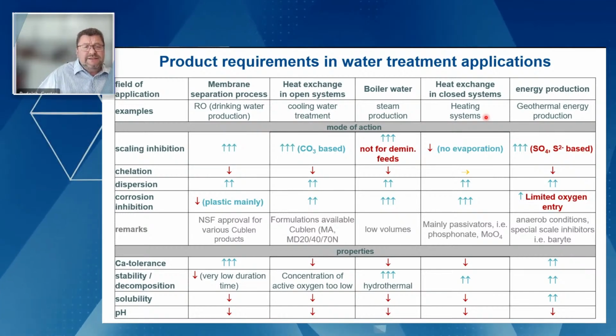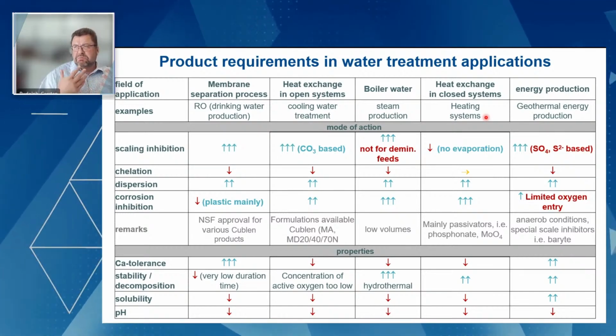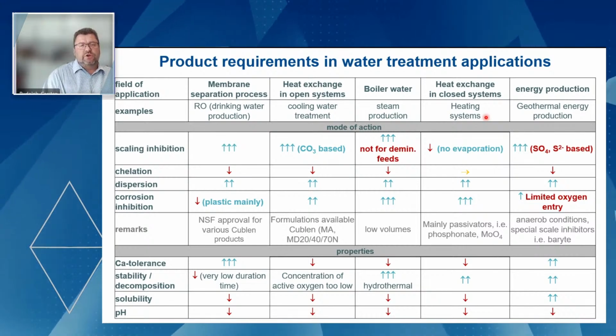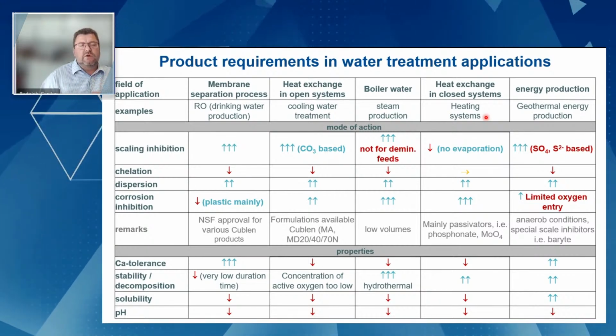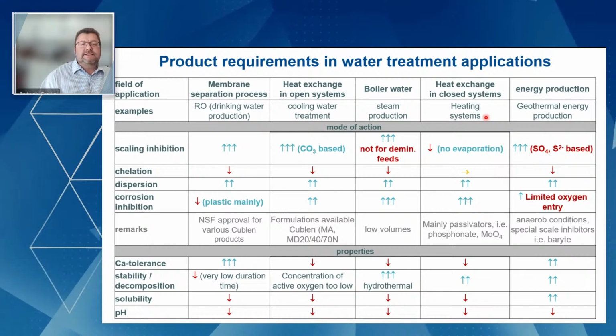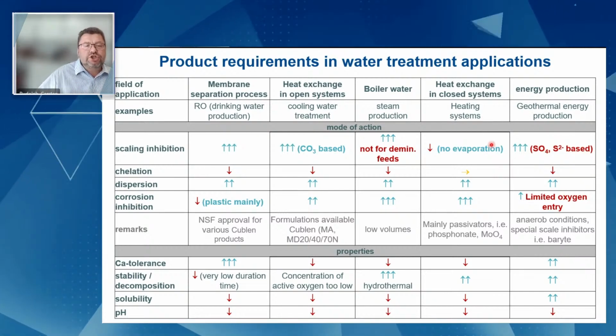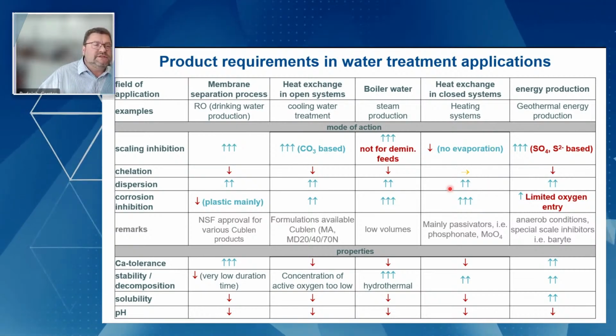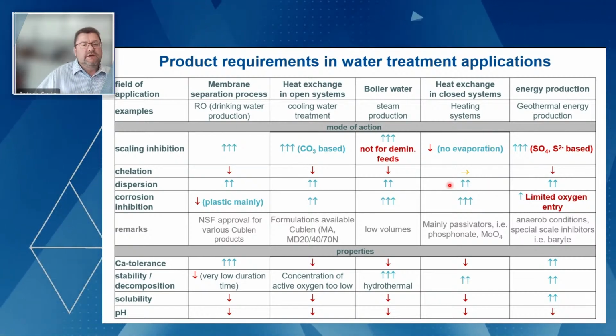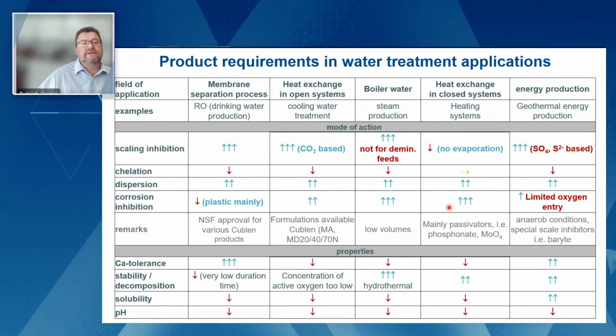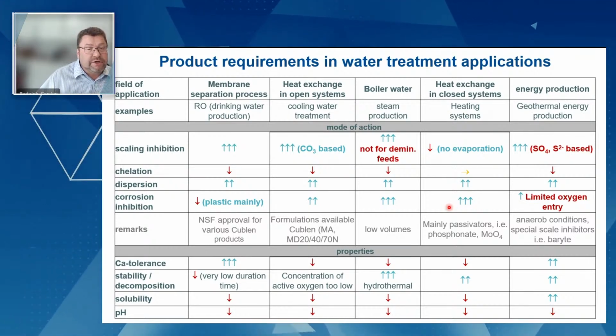In closed systems, the scaling inhibition is not of importance because the system is closed, and no evaporation occurs. It is simply, in brackets, an exchange of temperature, and here mainly we have dispersion of any particles which are in the system, and of course corrosion inhibition.